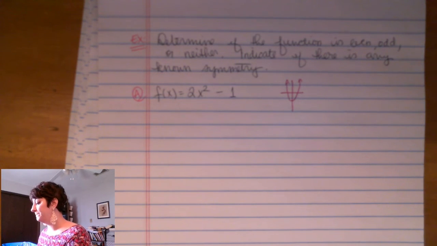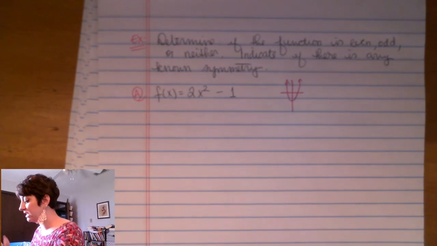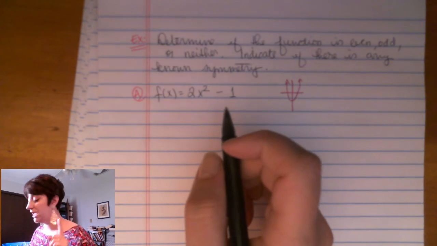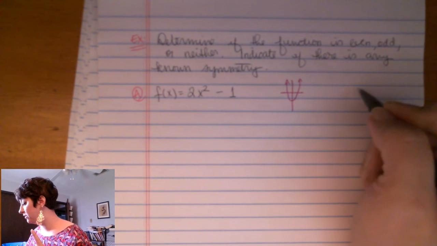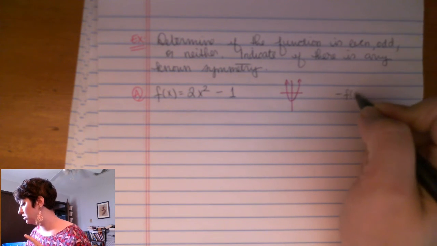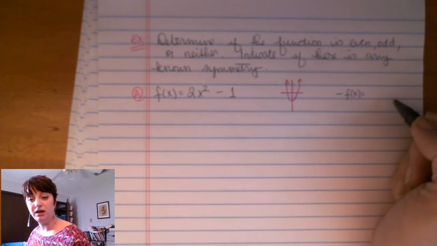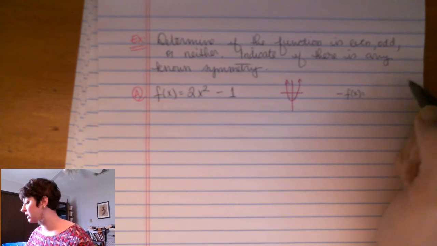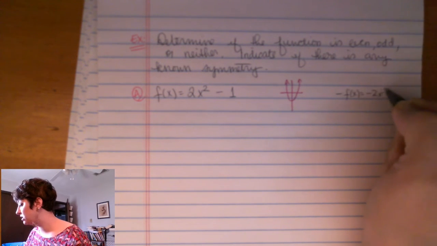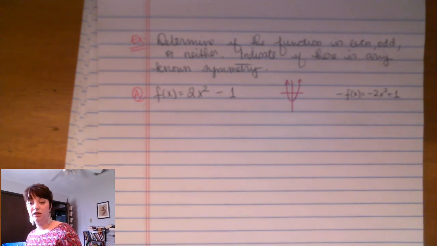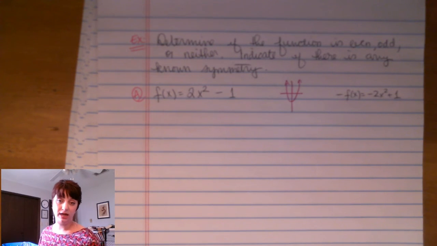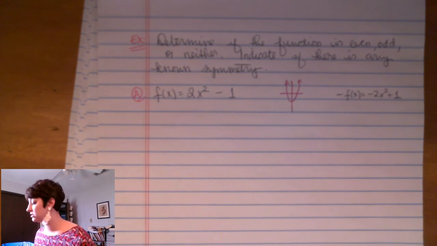Okay. So my test, I have one test. And actually, I do recommend off to the side, write your negative f. And I only say to do that because sometimes students have a hard time realizing that they do or don't have negative f of x.